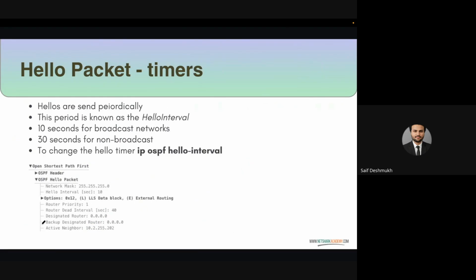Okay. So hello packets are sent out periodically, depending on the network type. On Ethernet, it's 10 seconds. If you have non-broadcast networks, like non-broadcast multi-access NBMA networks, it's 30 seconds. We can also change the timers on an interface level basis; ip ospf hello-interval can change this.